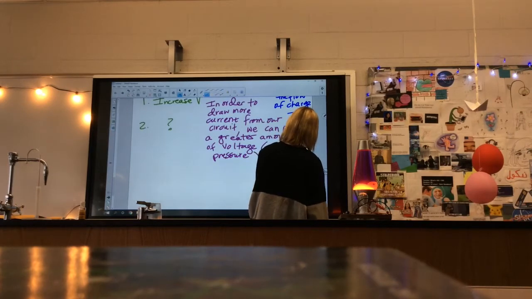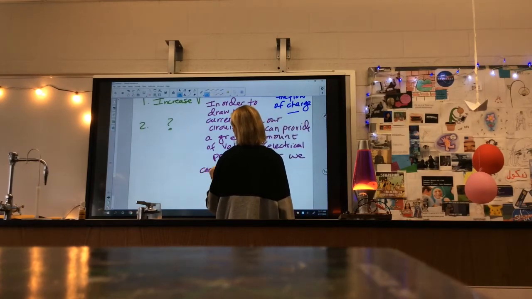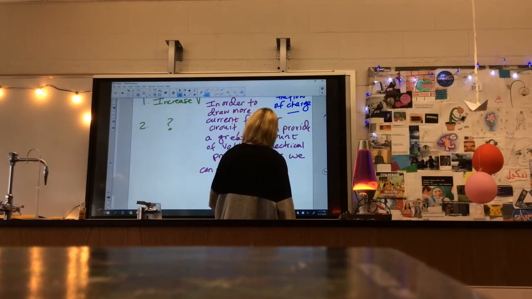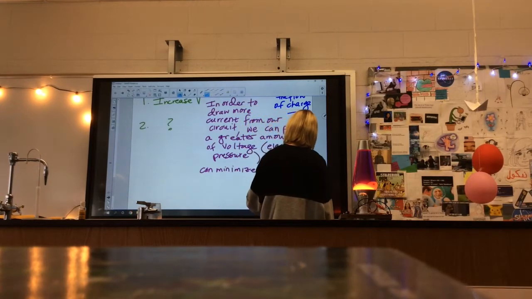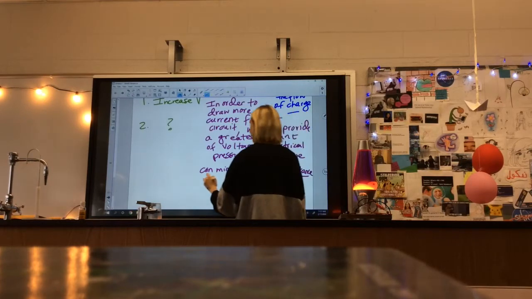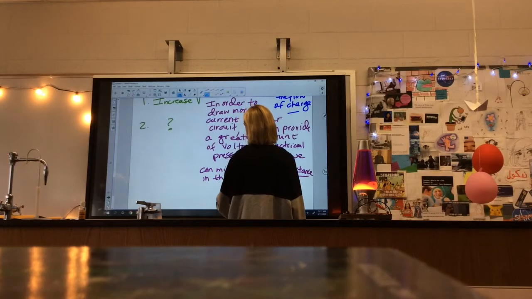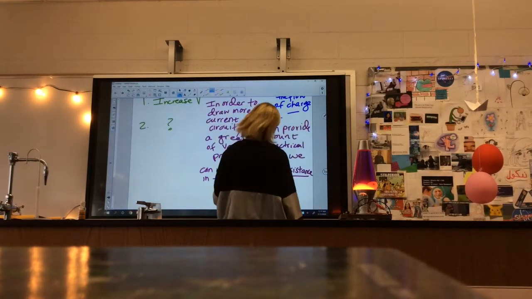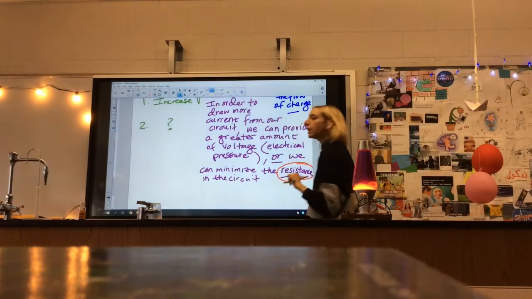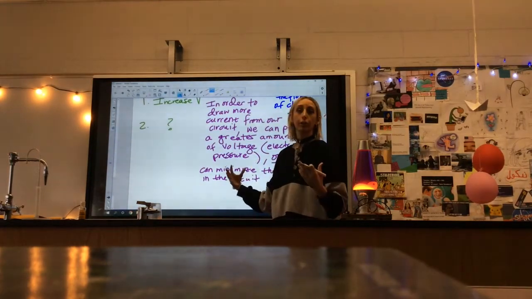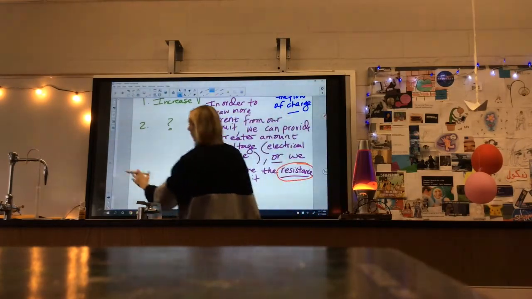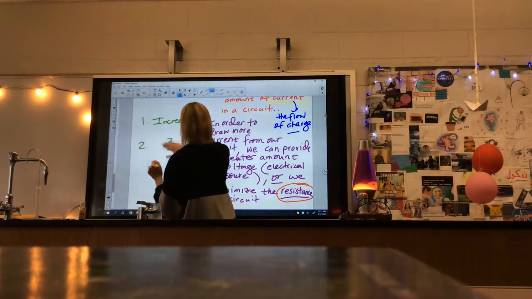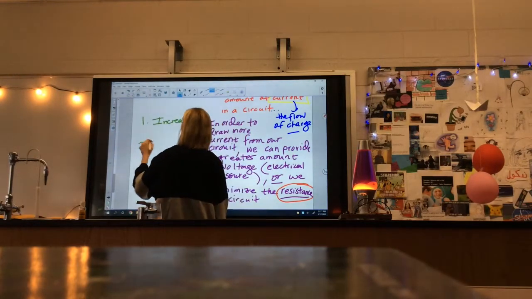Or we can minimize the resistance in a circuit, because again, resistance is anything that provides an obstruction to the flow of that current. So to increase current, we can increase the voltage, or we can minimize the resistance.